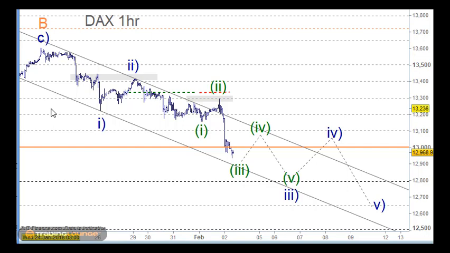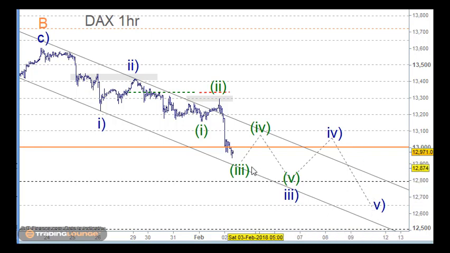So wave 3 can't be the shortest, so it would have to be wave 1 and wave 2 here. And secondly, we normally see that wave 3 is the most powerful point in the wave structure. So from wave 2 to wave 3 will be the longest and the strongest within the section. If that's the case, then blue wave 1 and blue wave 5 will be roughly the same in length.